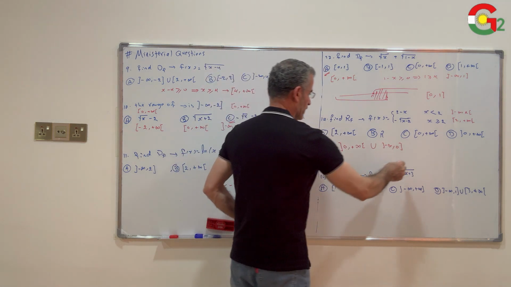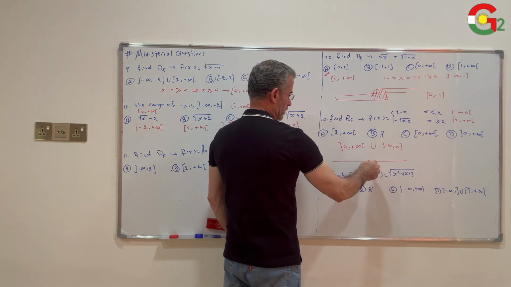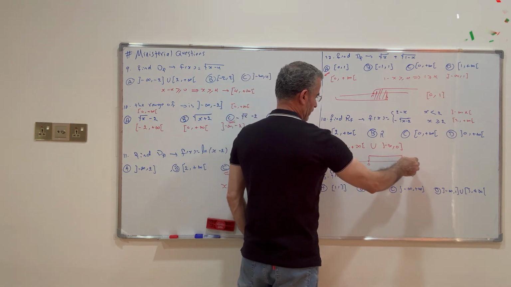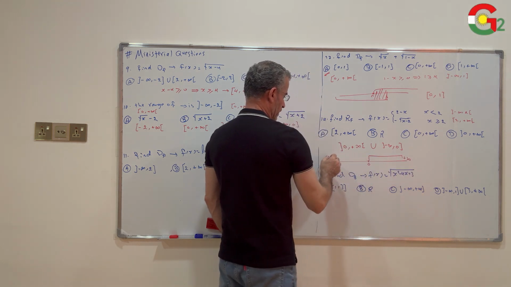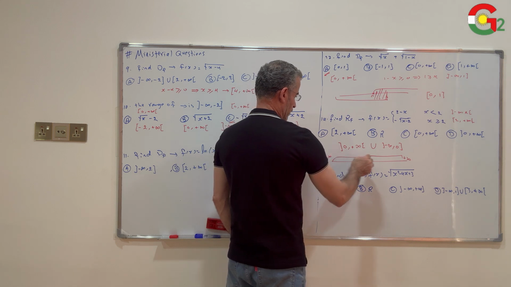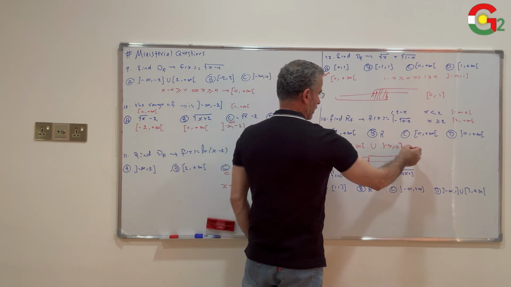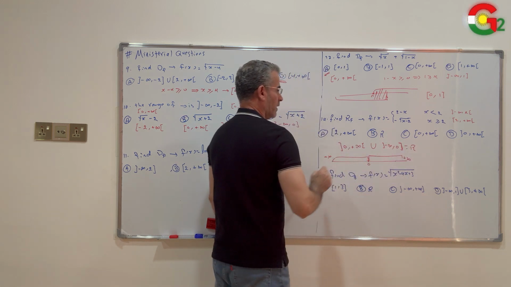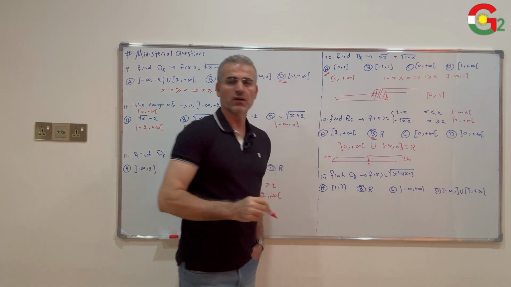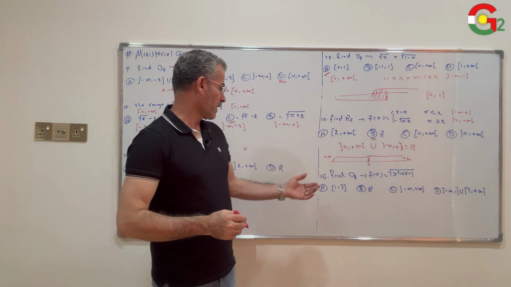The union of these two intervals, 0 to positive infinity and negative infinity to 0, 0 is within the second interval, then the answer is all real numbers.